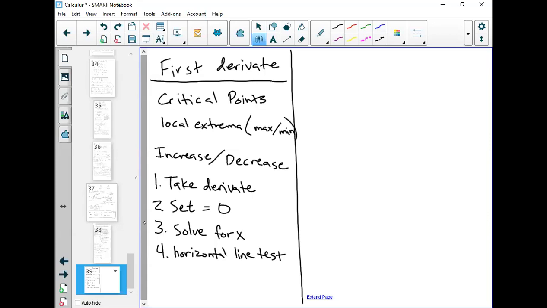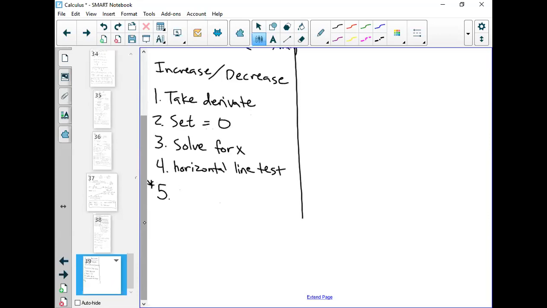But if you want the y value, which questions don't always ask you for, as a matter of fact, they usually don't, you can do this fifth step, and that is to plug your x values into your original function f of x. And then once you plug it in, you solve it out, and it'll give you your y value. Okay.